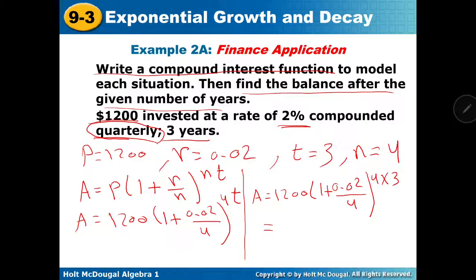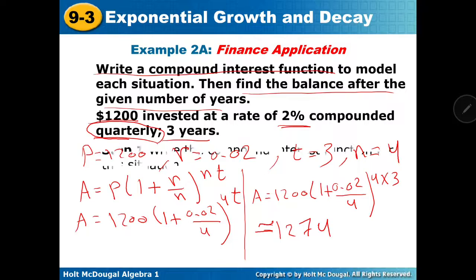Do it with the calculator: 1200 times (1 plus the fraction 0.02 over 4), close the bracket, power 4 times 3, equals approximately 1274.01, so 1274, of course, dollars.